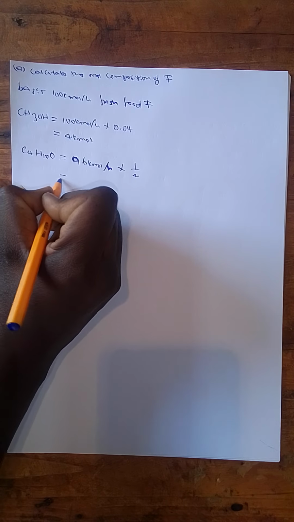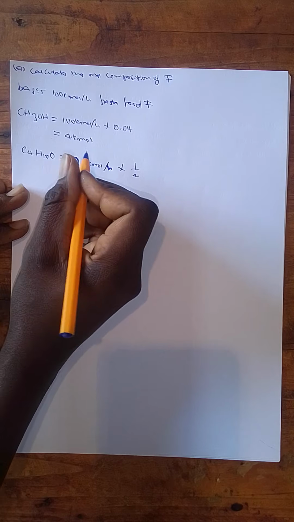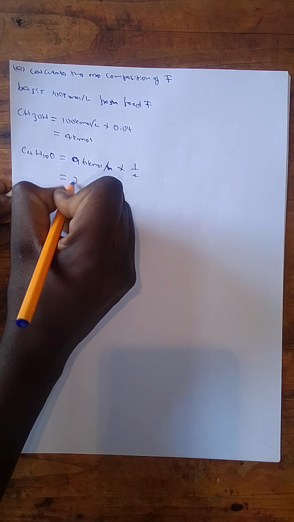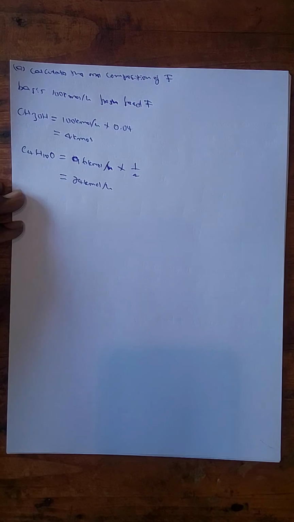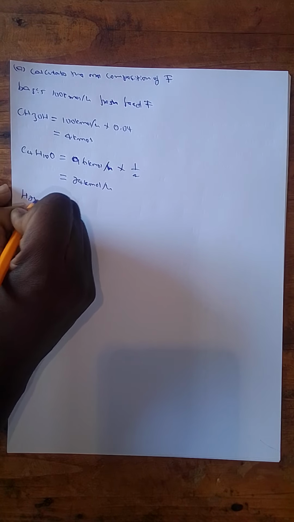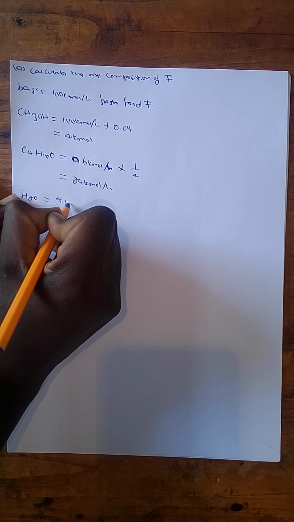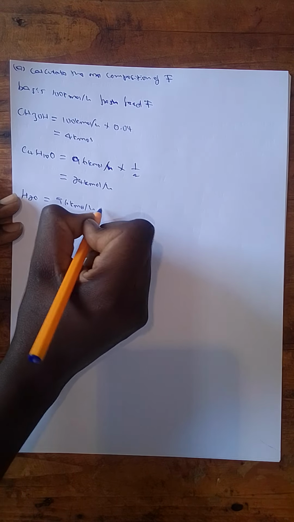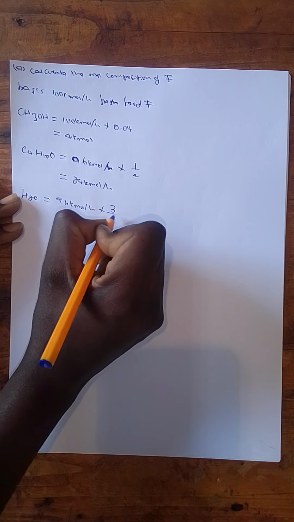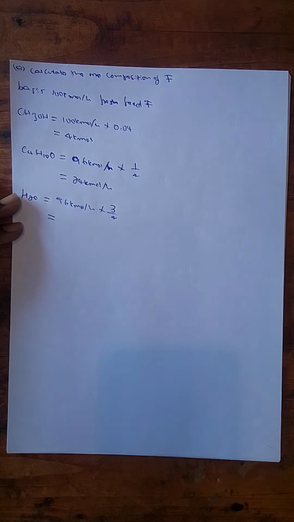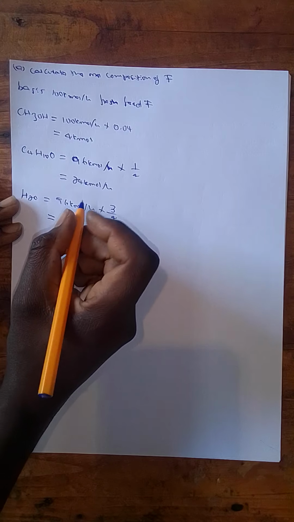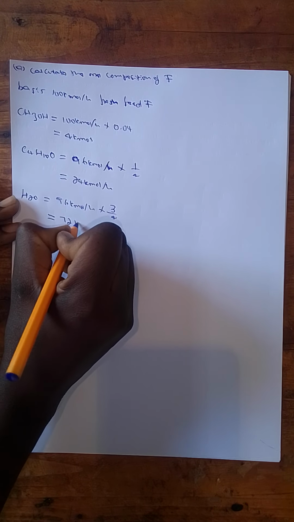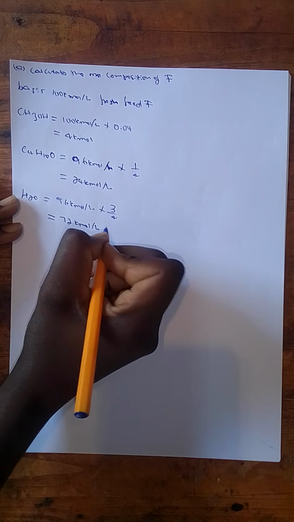If you use your calculator, that will give you 24 kilomole per hour of butanol. And with water, you can do the same: H2O is equal to 96 kilomole per hour multiplied by 3/4, because there are 3 moles of water per 1 mole of butanol. When you use your calculator, it's going to give you 72 kilomole per hour.